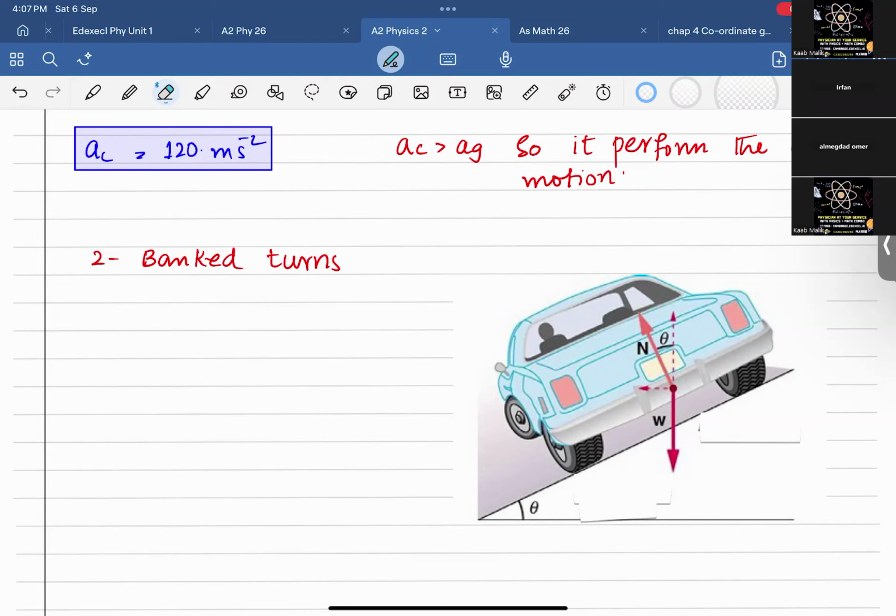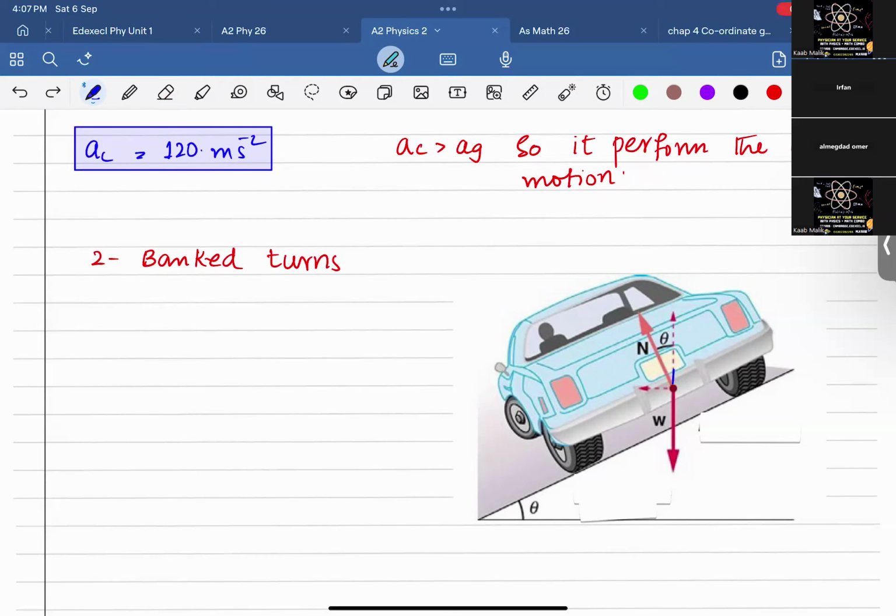Okay, clear? Now, if we consider the normal reaction force, the weight is acting downward. The normal reaction force is always perpendicular to the surface, so that's why it's acting that way.